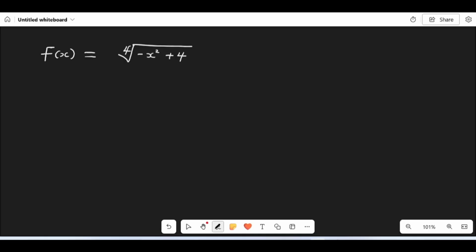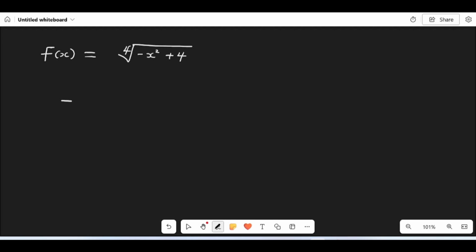We want to find the domain and the range of this fourth root function. This is an even root function, so we need the expression inside the root to be greater than or equal to 0.